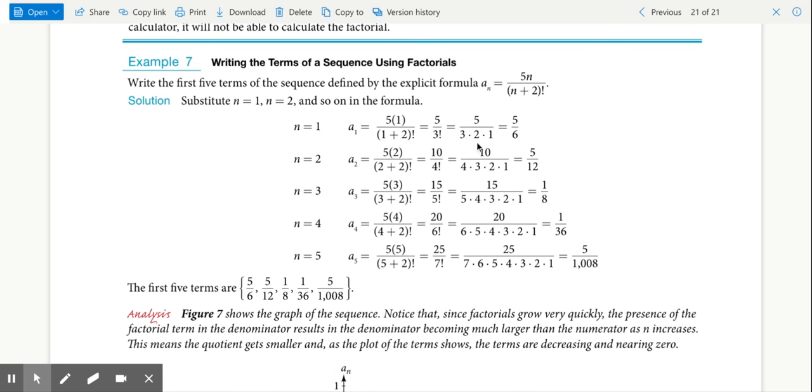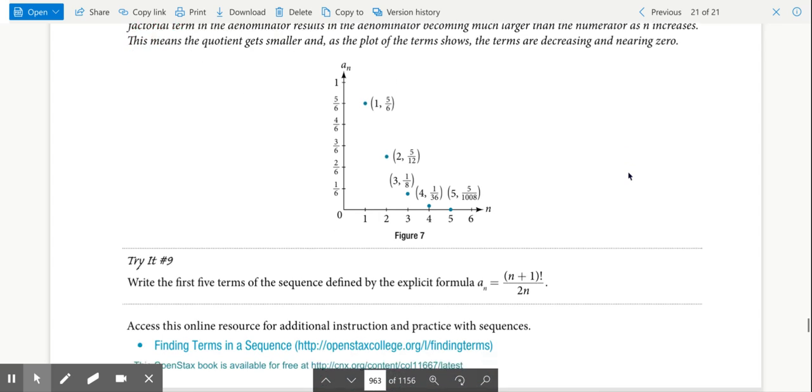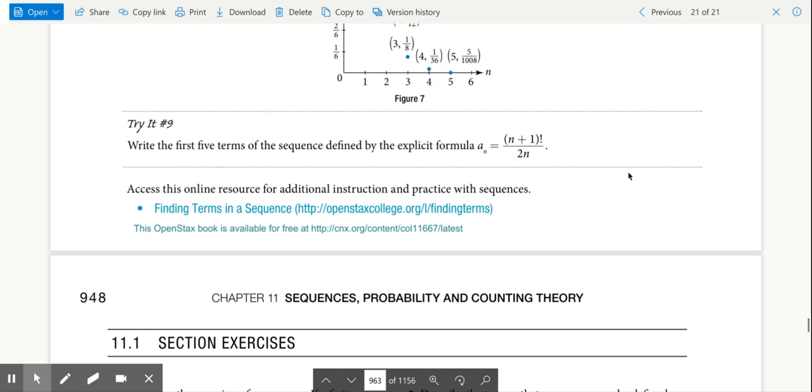You break that down into multiplication and simplify. And so that's basically what you're going to be doing for all of these. You're just plugging in the number and then simplifying at the end. So that's how we use factorials. Pretty straightforward, hopefully.